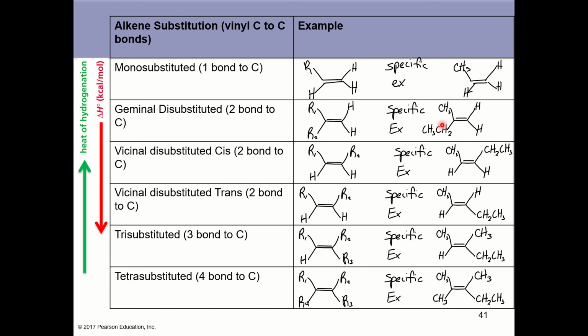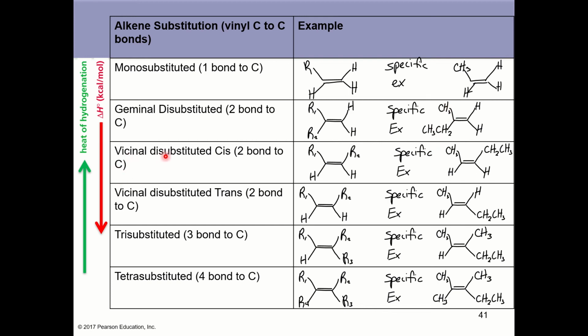For a specific example, we can show this butene, which has a methyl group at carbon 2. So we would number from 1, 2, 3, 4. So there's a methyl group at carbon 2, and so it's 2-methylbutene for the name. And this is geminal disubstituted because one of the vinyl carbons has 2 bonds to carbon.